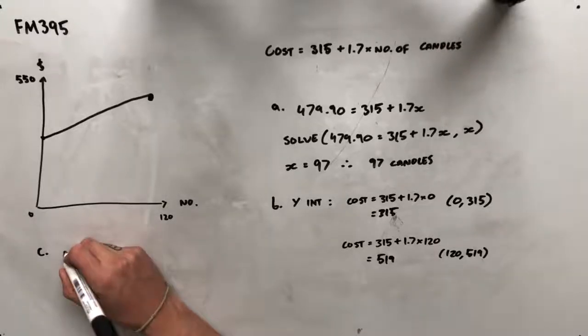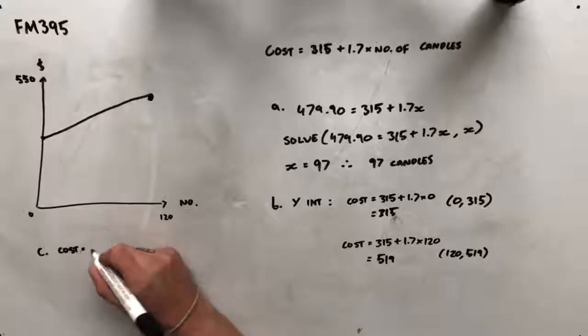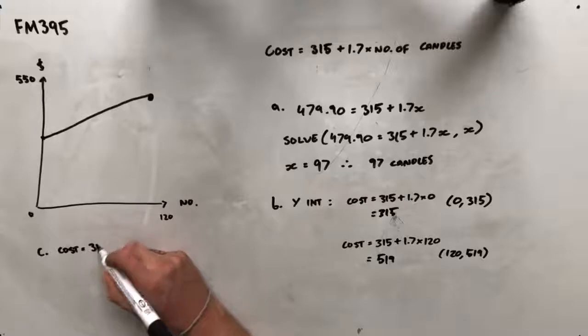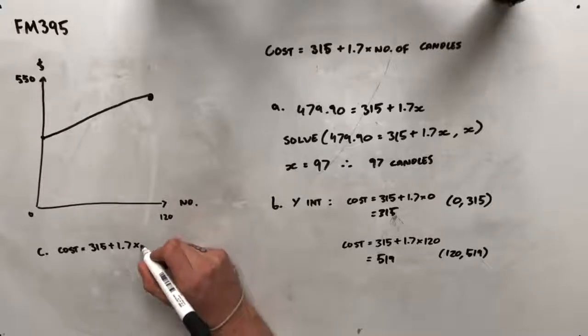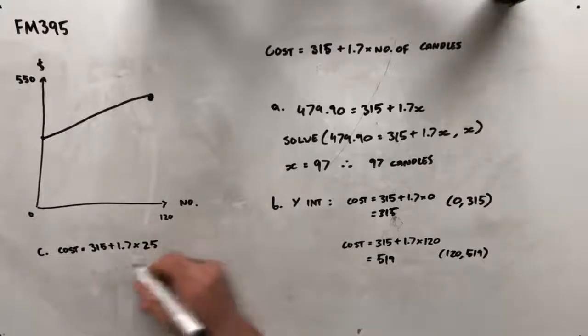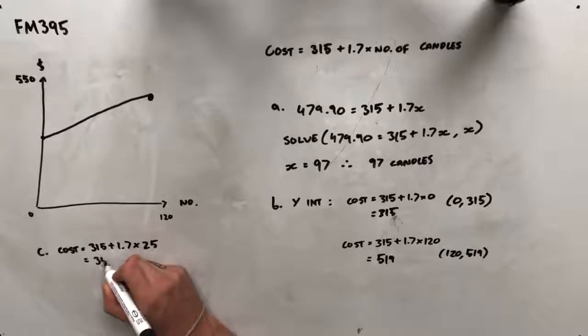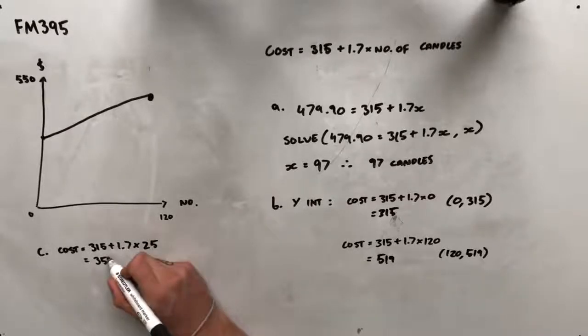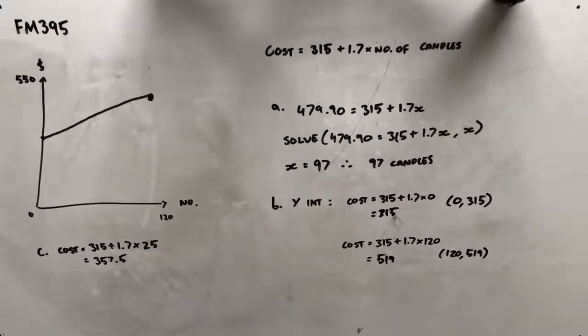So the cost of 25 candles, 315 plus 1.7 times 25. That cost is going to be equal to $357.5.